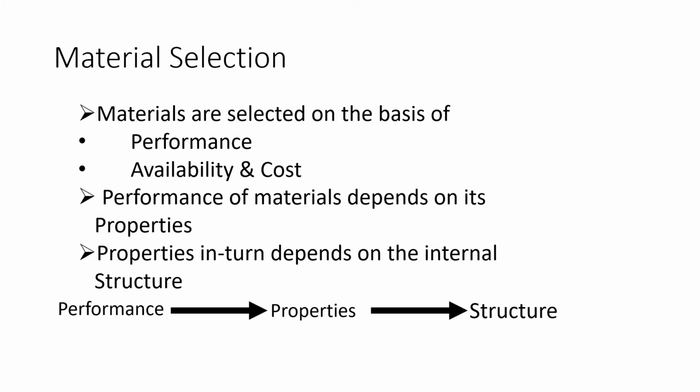Material selection. The materials are selected on the basis of performance, availability, and cost. Performance of a material depends on its properties, while properties in turn depend on the internal structure.